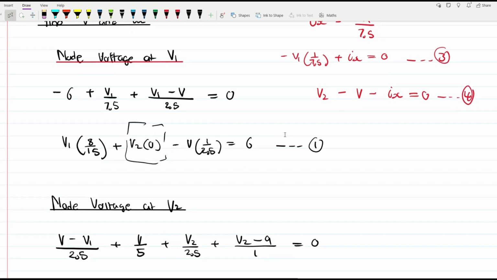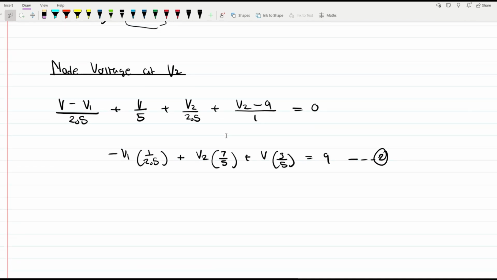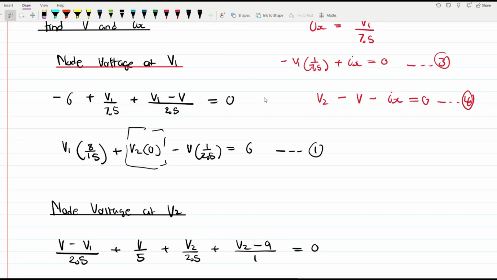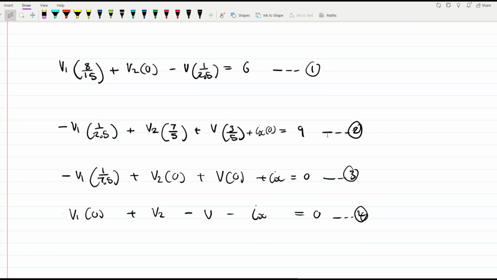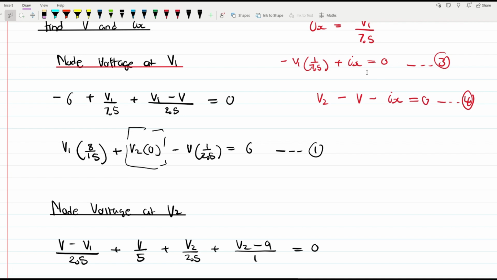So basically now what I have is equation 3 and equation 4. So now we're going to put all of these equations into standard form. So from these 4 equations, 1, 2, 3, 4, I have something like this now. So I have V1, V1, V1, V1, V2, V2, V2, V2. So wherever I do not have V2, for example, in equation 3 I do not have V2, and in equation 1, I don't have V2.